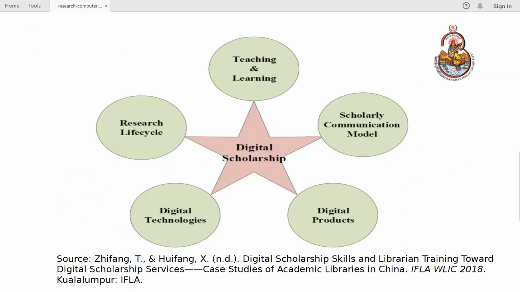There are different facets of digital scholarship. We can use it in teaching and learning. You can use digital scholarship in communication. So if I am talking to you over the Zoom platform, this is also a kind of scholarly communication.